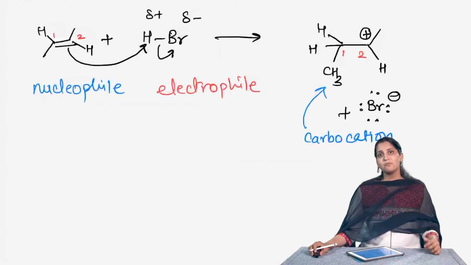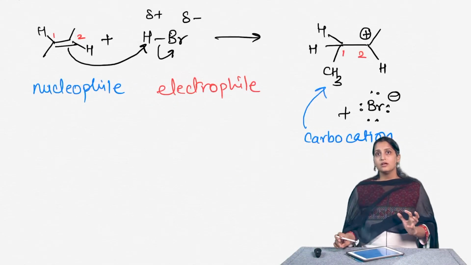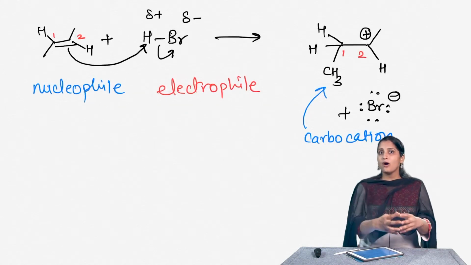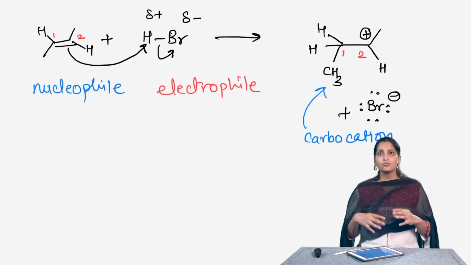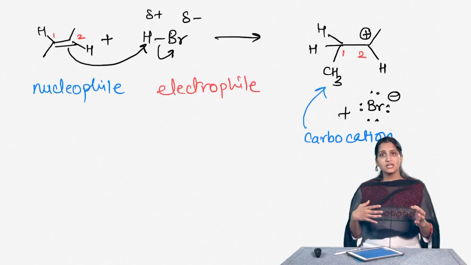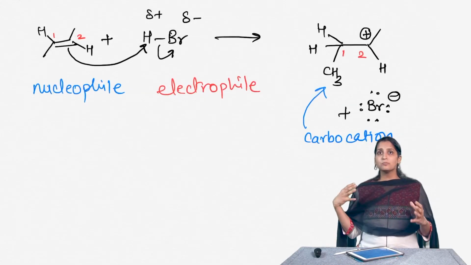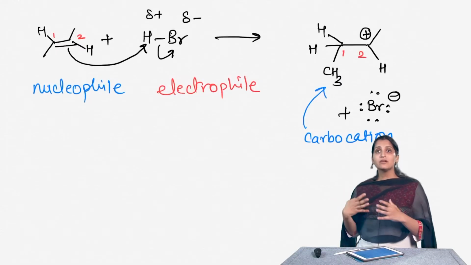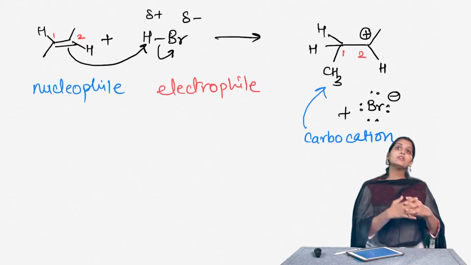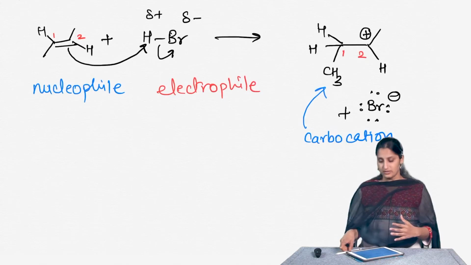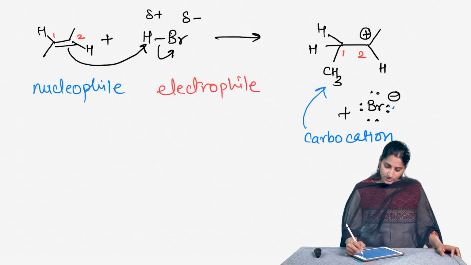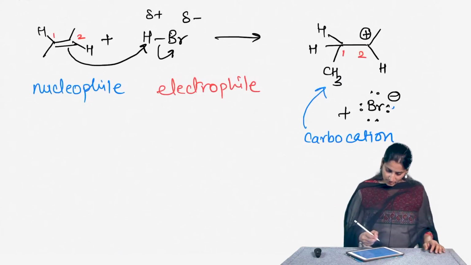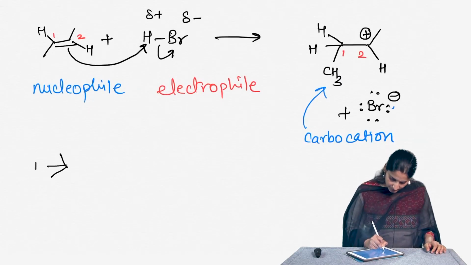Now, in the next step, what is going to happen? Think about it. The bromide ion is right there, right, and you have formed something positively charged. So, what will happen? The positively charged carbocation is going to be attracted towards the negatively charged bromine and in fact bromine with its electrons is going to attack on that positively charged carbocation. So, what we are going to do is we are going to see the next arrow pushing such that, let me just redraw my carbocation here.